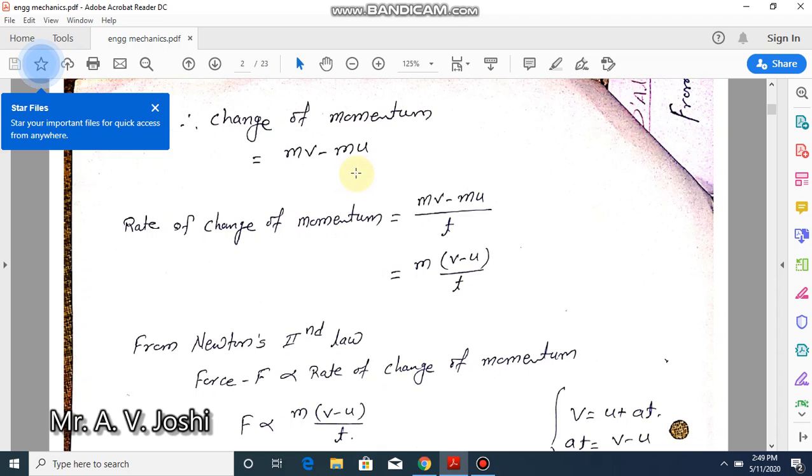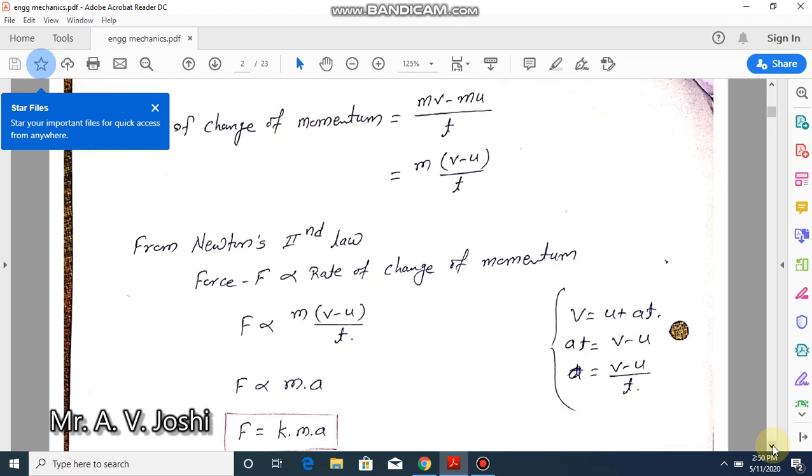So m is constant, v minus u divided by t. According to Newton's second law, we have to find the force, equal to mass into acceleration. F is directly proportional to the rate of change of momentum, so F is directly proportional to m into v minus u divided by t.